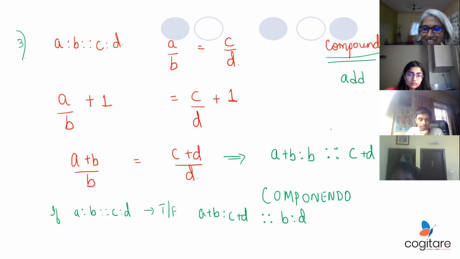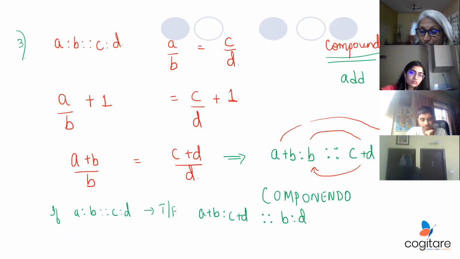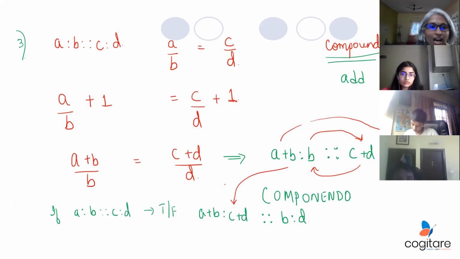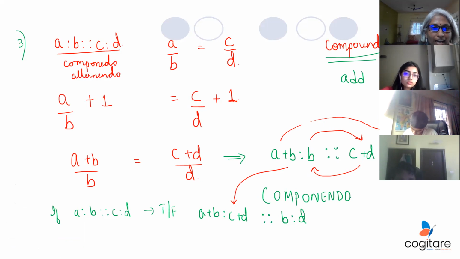You know what I did? I took the ratio, I compounded it, I got this. After I got this, I alternated it, which we learned in the previous step. So I began with this, I applied componendo, then I applied alternando, and hence this is true.